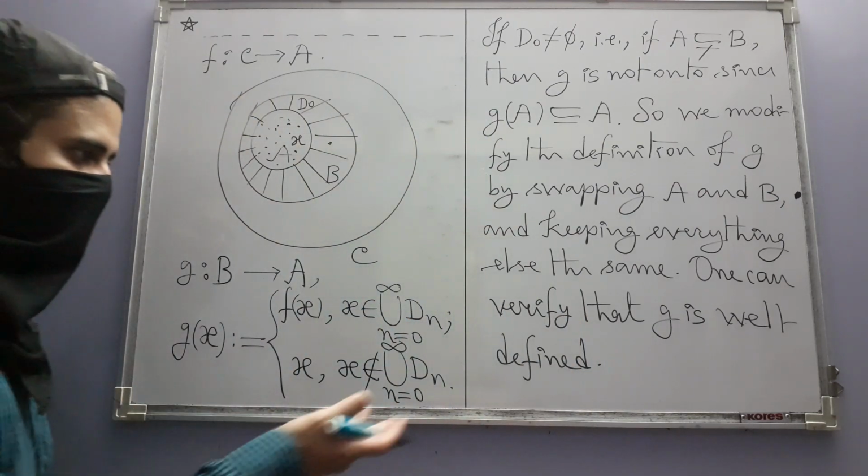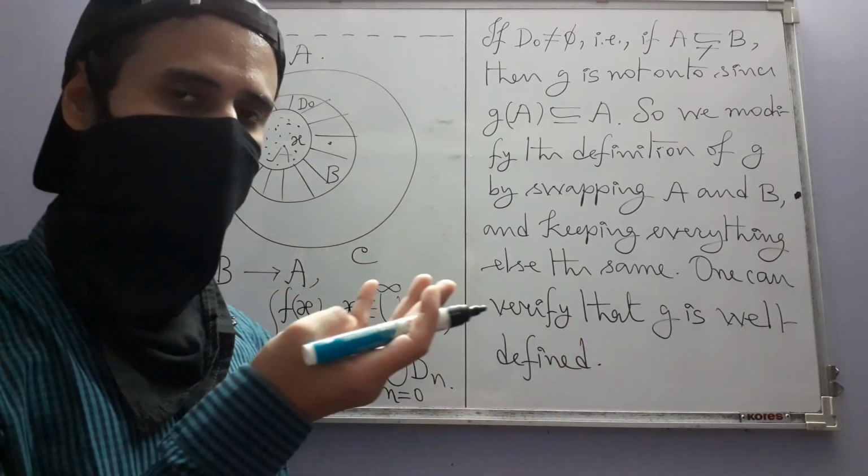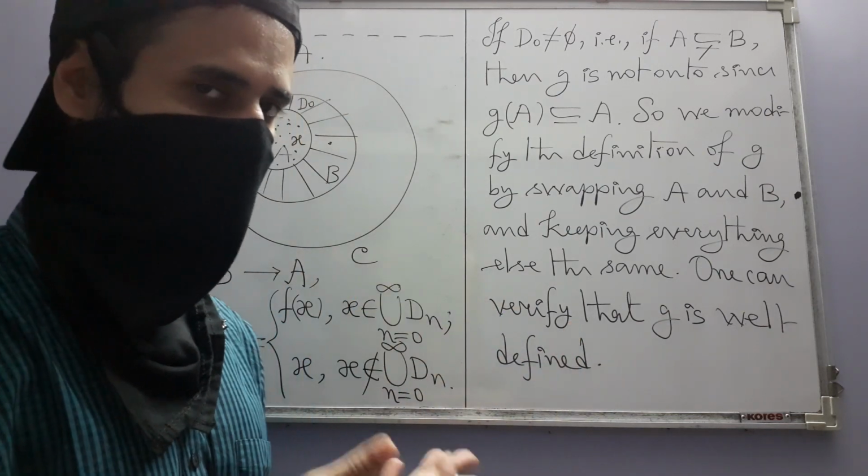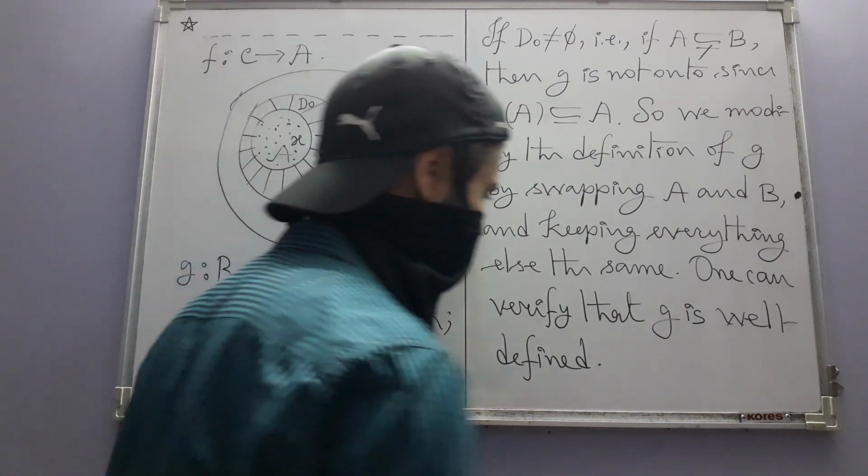So let us now show that G is two things. G is one-to-one and onto. Let's first show that G is one-to-one, that is injective.